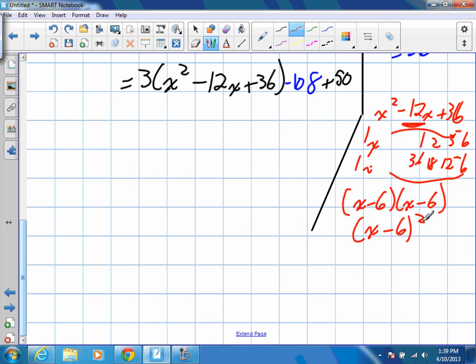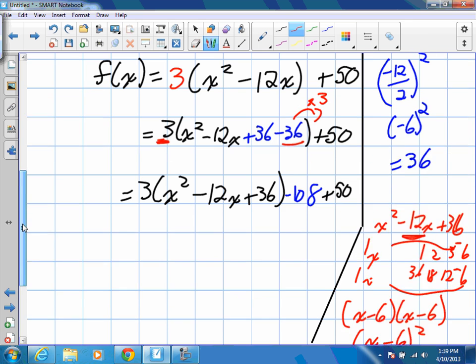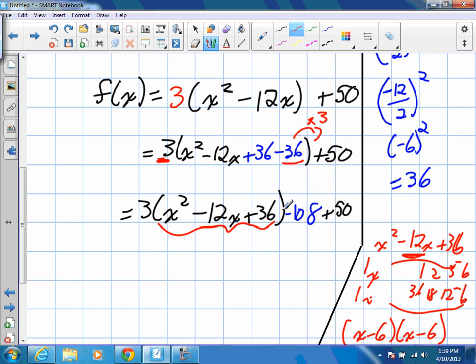Now, you could factor this whole thing the way we've done it over here. Or, since we know we've made a perfect square trinomial, I can find the square root of the first and the last term. This is a shortcut. Now I'm going to have 3, and I know it's only going to be one bracket squared. The square root of the first term, what is the square root of x squared? What's the square root of 36? Okay. And then I just take the operation of the middle term.